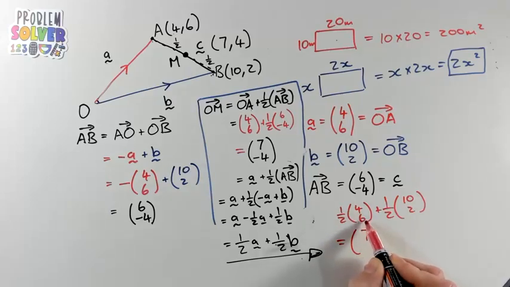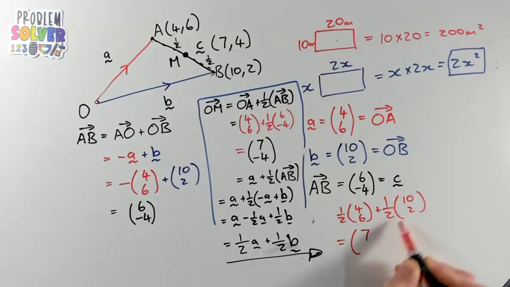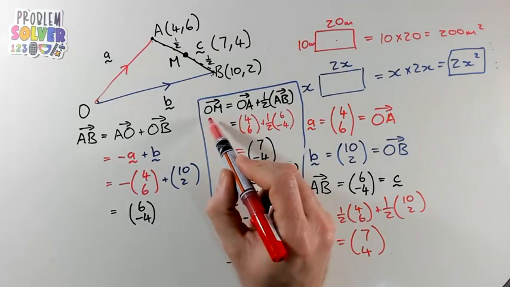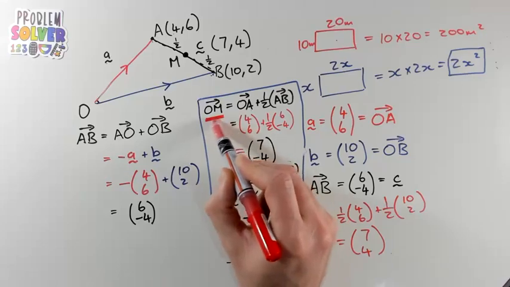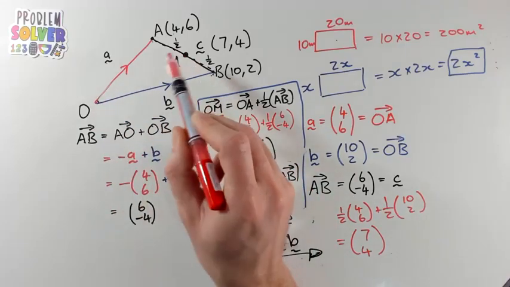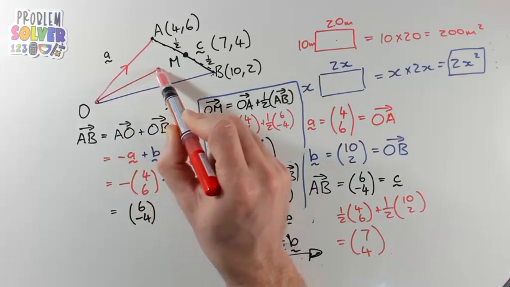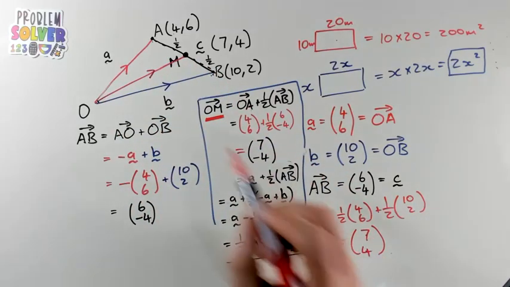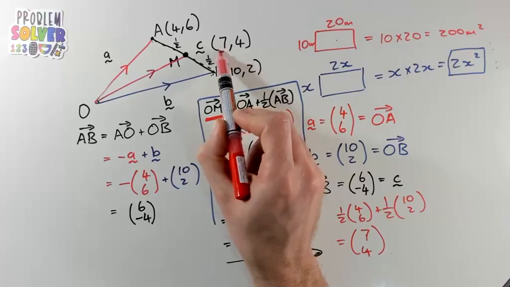And then half of 6, which is 3, plus 1, is going to be 4. So I can see this 7, 4 is the position vector to go from O to M directly, which would make sense because the coordinate is 7, 4.